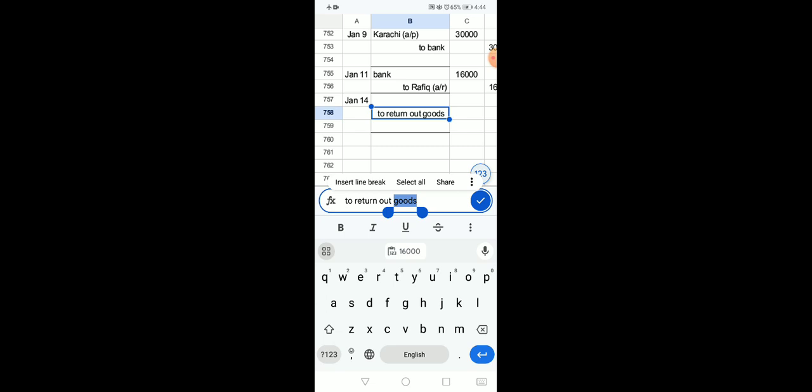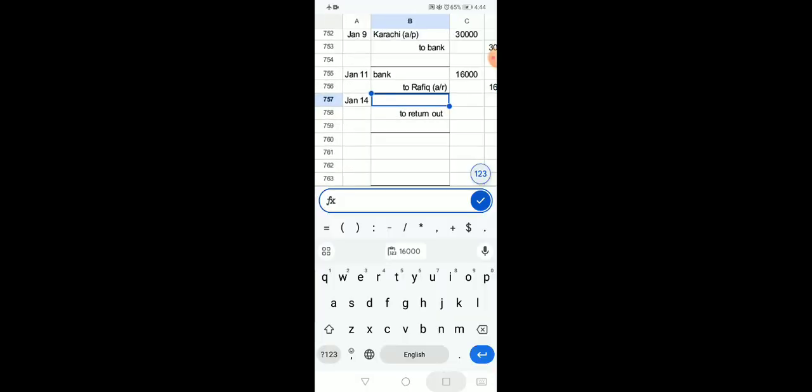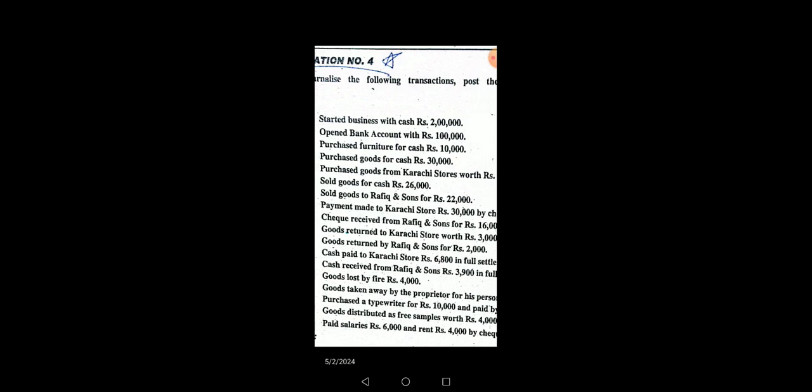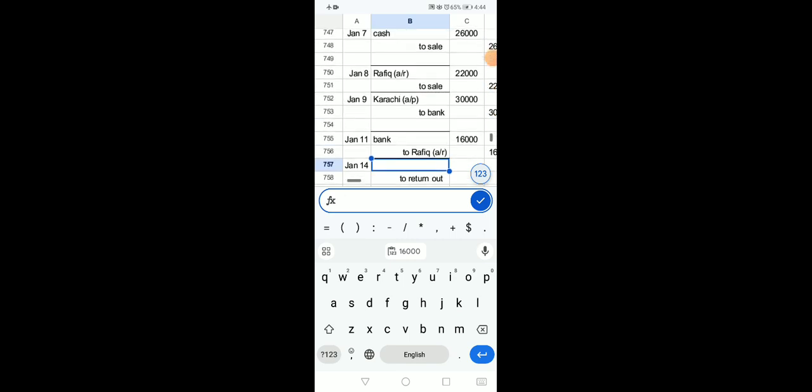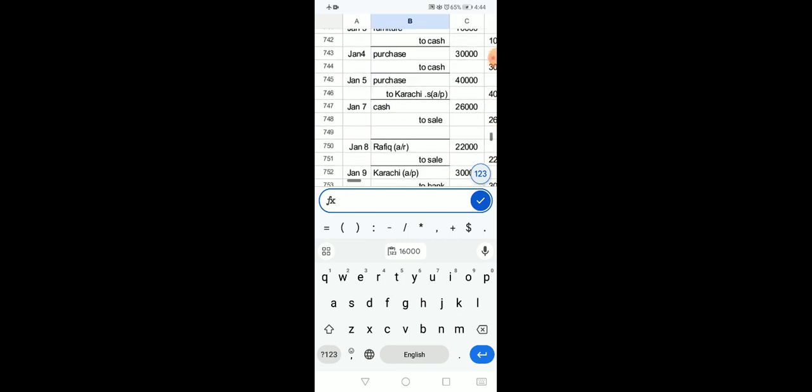Now we have completed our entry. Goods right now is unnecessary to be written over here. You can erase it. Return out. To whom have you returned these goods? The person to whom you are returning those goods, January 14. That store name is Karachi store. Karachi store was the person from whom you have purchased goods.